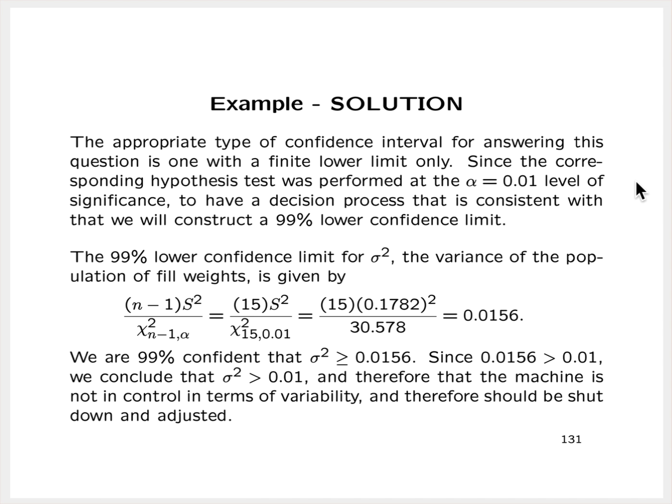Because the test is a one-sided test, we would construct either a lower confidence limit alone or an upper confidence limit alone. And because it was a right-tailed test, the appropriate type of confidence limit is a lower confidence limit. And then finally, since the test was performed at a 0.01 level of significance, the confidence level that we will use in order to be consistent with this hypothesis test is a 99% lower confidence limit.